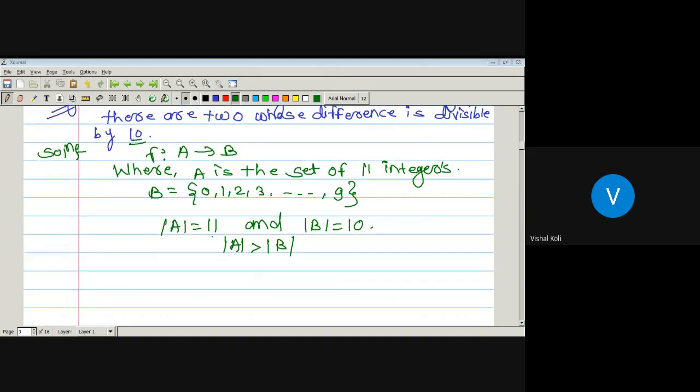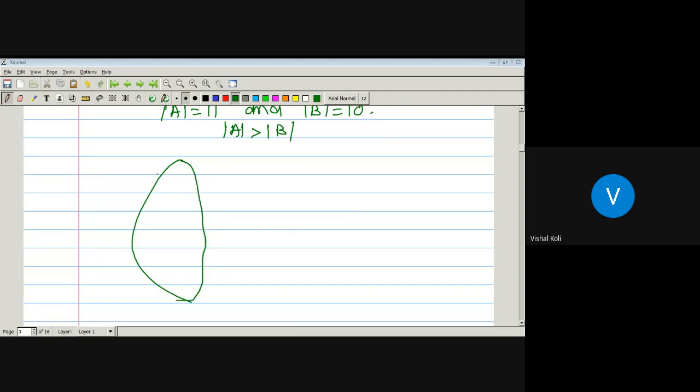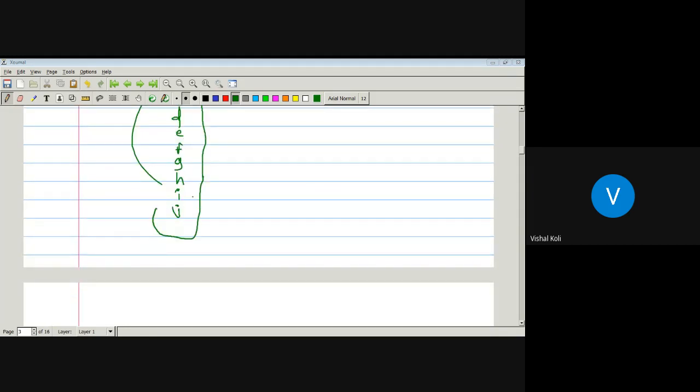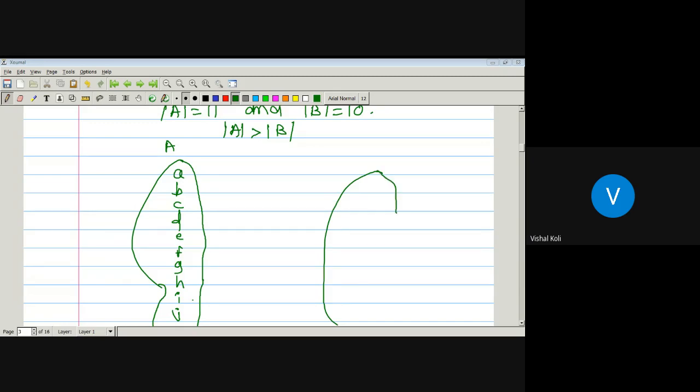As here f is a function from A to B and cardinality of A is greater than cardinality of B, then by the pigeonhole principle second form, there must be at least two elements in A which have the same image in B. Suppose this one is A, and having elements A, B, C, D, E, F, G, H, I, J, and some K. Suppose these are any 11 integers, and here is our another set B, which contains the elements 0, 1, 2, 3, 4, 5, 6, 7, 8, and 9.